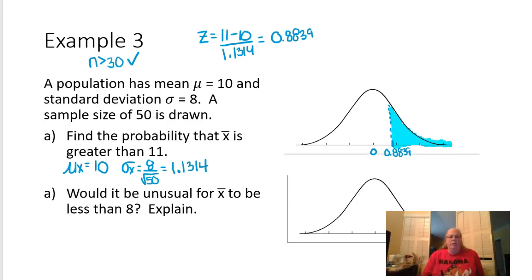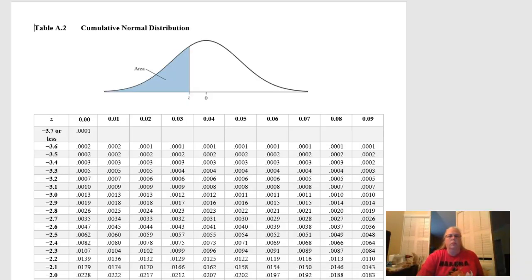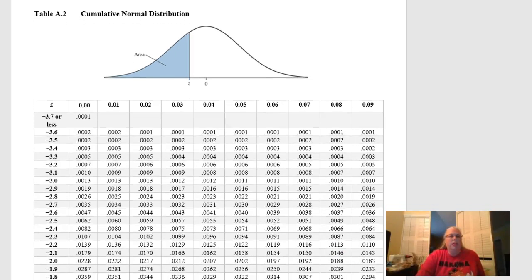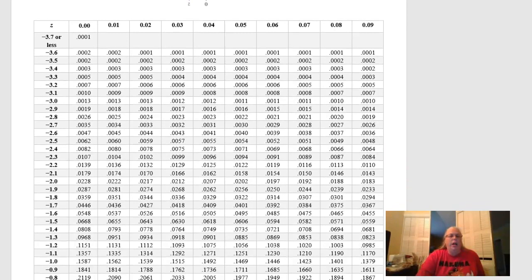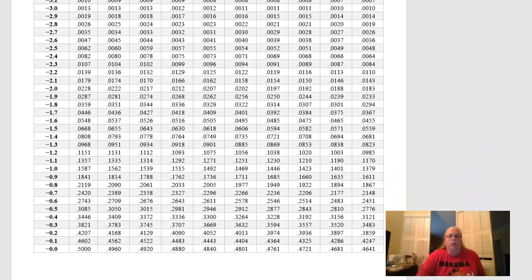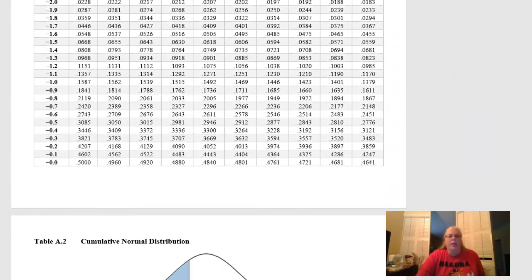I think I'm going to use table A2. Okay, so our z-score was 0.8839, but I'm just going to round that to 0.88, because remember, our table over here only rounds things to 2 decimal places. And it was positive, and it was on the right of the 0 of our mean there.